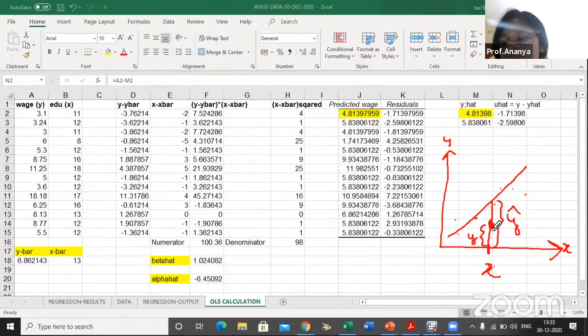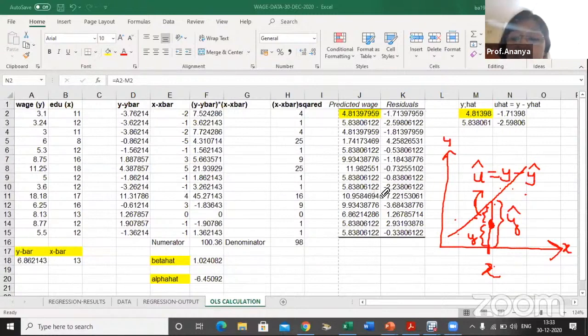This little thing is your error, your residual u hat. U hat is equal to y minus y hat. Whenever someone is actually earning less than what's predicted by my model, I'll have a negative residual.